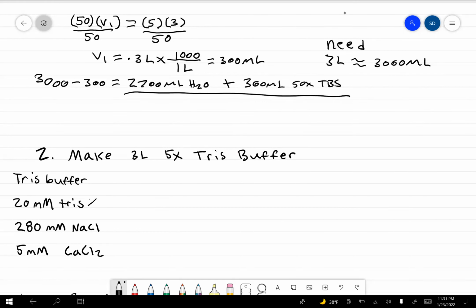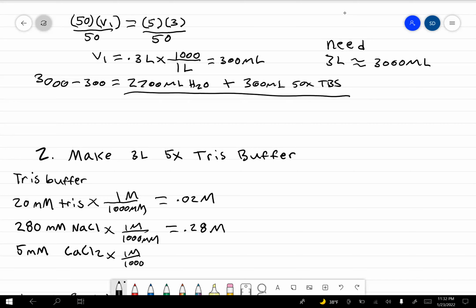The millimoles, we'll simply divide each by 1,000 millimoles it takes to get to 1 mole, so that these millimoles cancel out there.